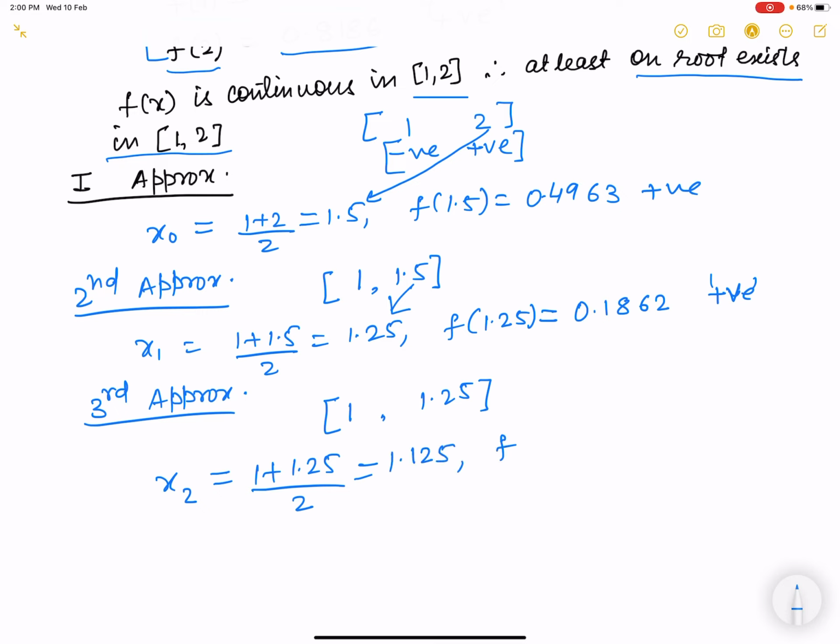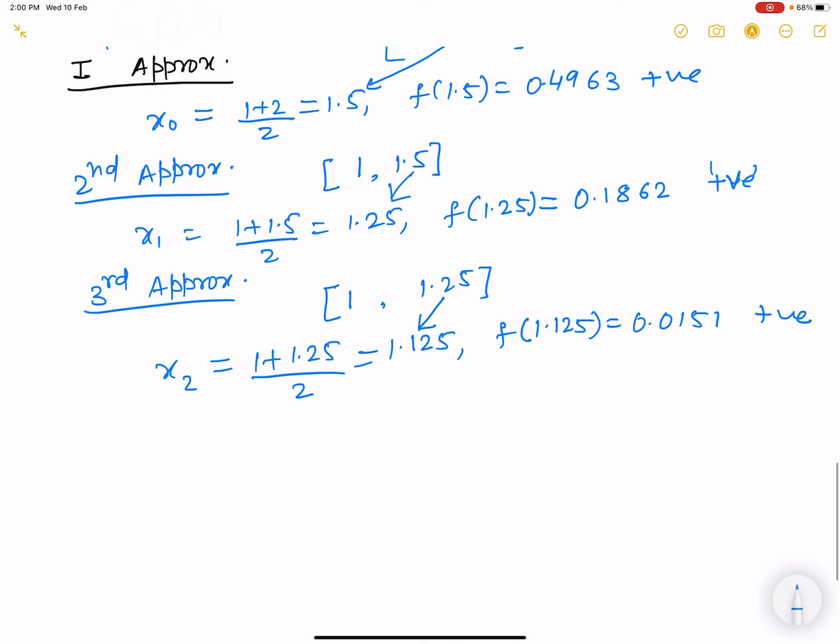Let us find the value of the function at this point, 1.125. This will come out to be 0.0151, which is positive. So we are going to change this end again, and now the root lies between 1 and 1.125. This is the fourth approximation.